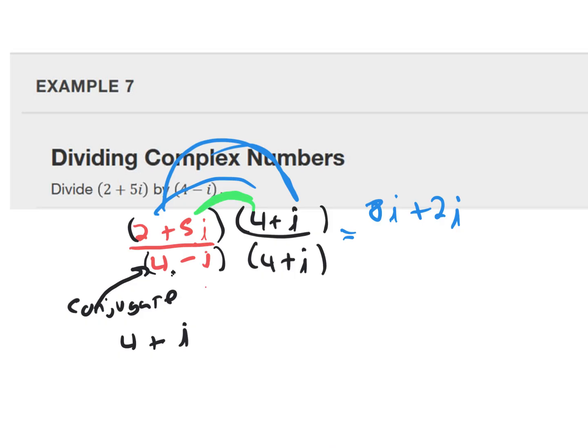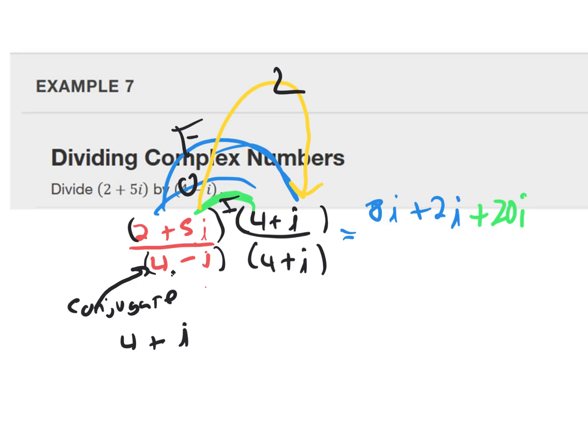I'm sorry, 5i times 4. That's a 20i. Now I have the harder part. 5i, that's the last, times i. So you see how everything has been here? This was my first, this was my outer, this was my inner, this is my last.